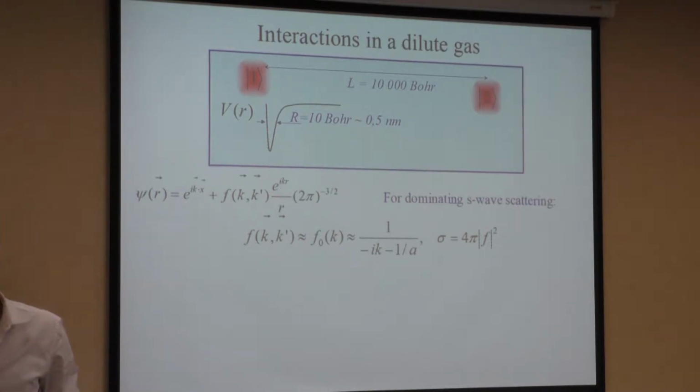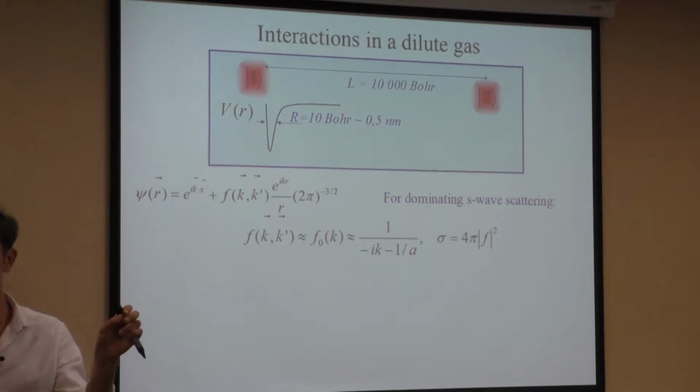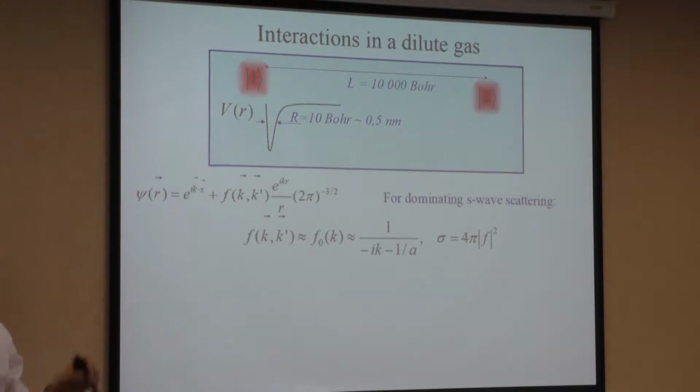Light is not involved here in scattering anymore. We only consider two-body scattering, two atoms, nothing else, no other atoms around, just two atoms. So this k is the momentum of the two atoms in the relative frame of motion, minus this constant, minus 1 over a. A is the S wave scattering length.